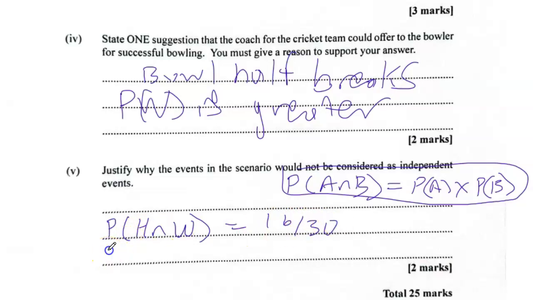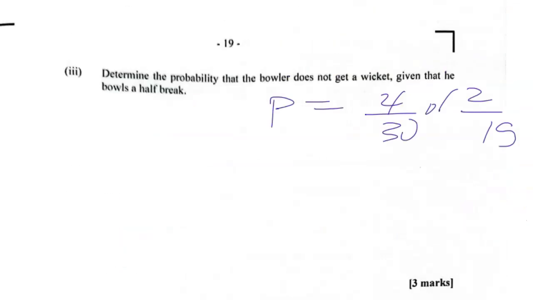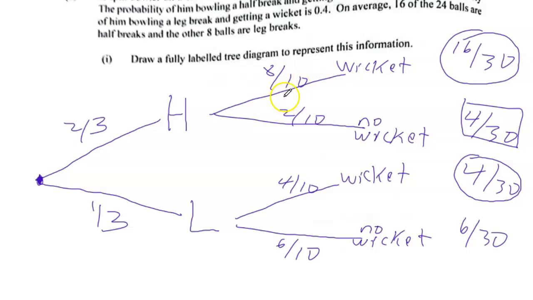The probability of a half break was 2/3, and the probability of a wicket was also 2/3, 20 out of 30.